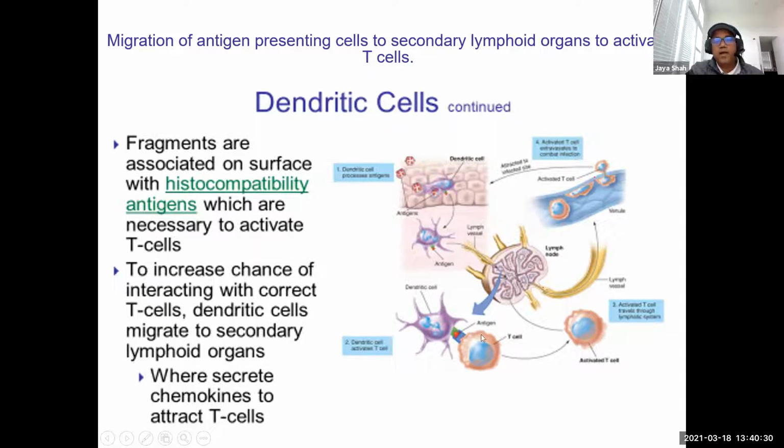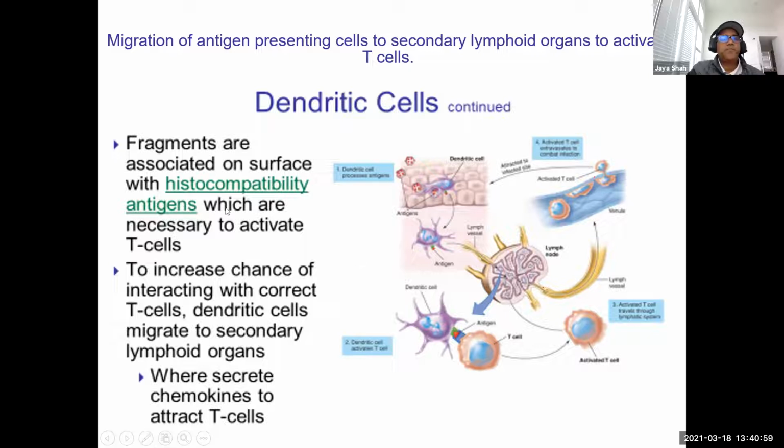And in the lymph node, what happens? They are presenting to the T cells. And now the T cell is activated. So what does the activated T cell do? Again, they go from the lymph node and fight infection later, attacking the infected cells.